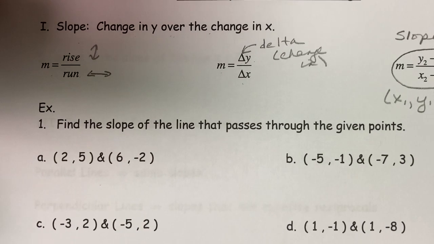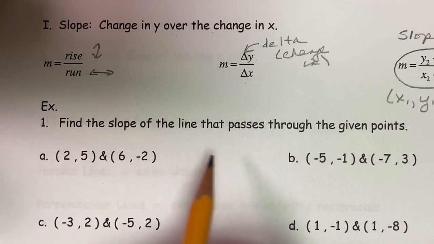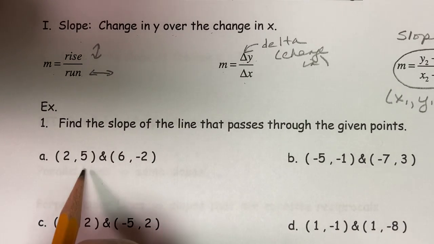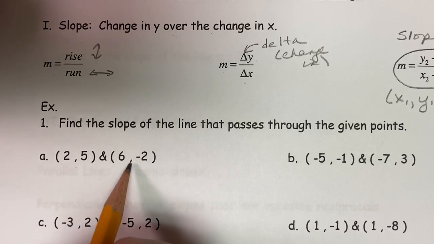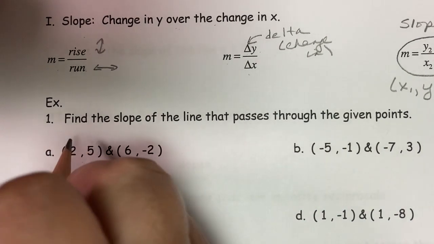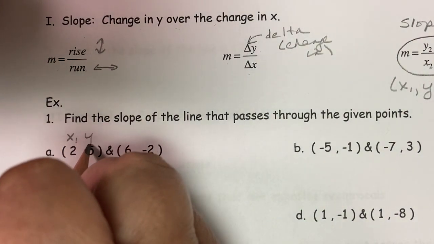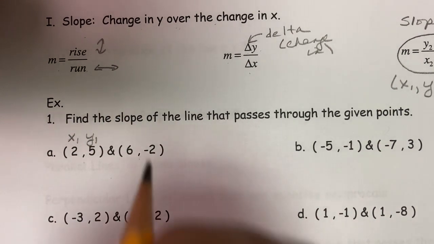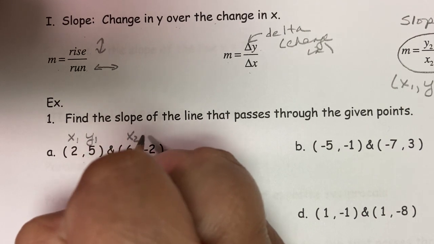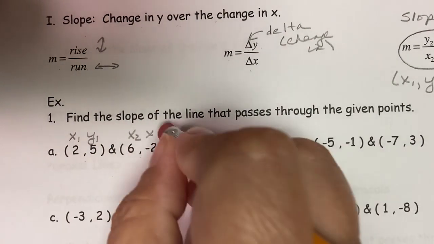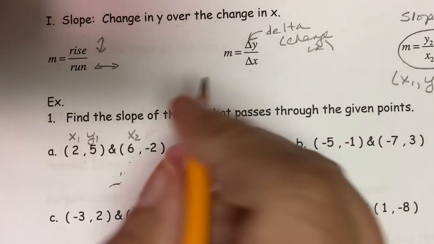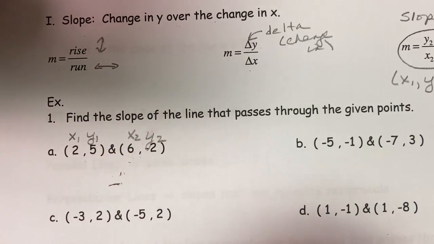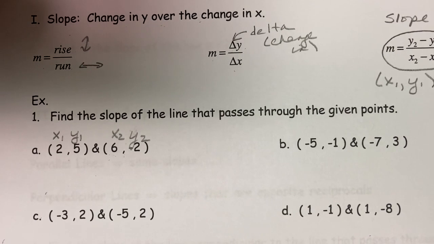So, for example, here it says find the slope of the line that passes through the given points. So here are our 2 points. If we call this one (x1, y1), in other words, the x and the y of the first point, and call the second point (x2, y2), we can find the slope by literally plugging into our slope formula.